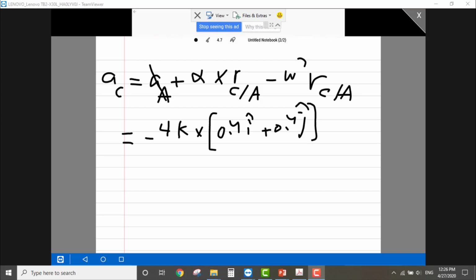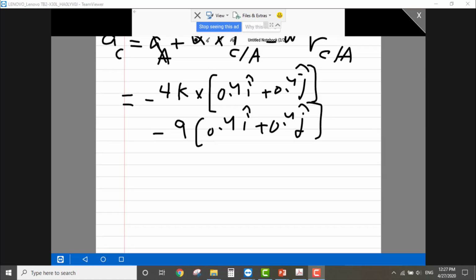Minus omega, which is given to be 3. 3 squared is 9, and there is no need to substitute the direction because this is squared. Dot product 0.4 I plus 0.4 J. Now AC is equal to k cross product I. This is positive, so negative.